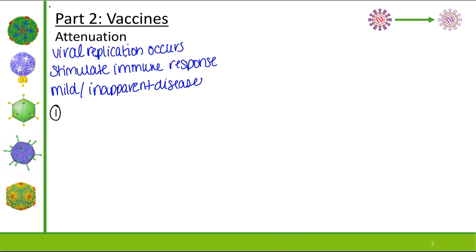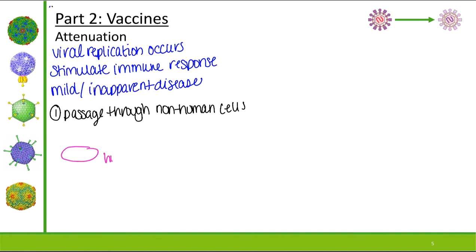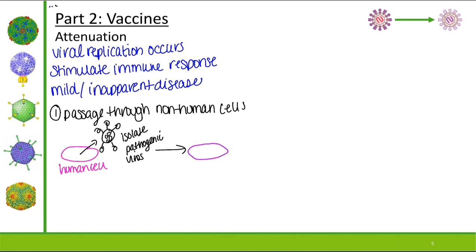So on this page, let's talk about passage through non-human cells. We're going to use a lot of colors here. Let's say this is our human cell. From this human cell, we isolate a pathogenic virus. Then we take that pathogenic virus, and using a non-human cell, we passage it through that non-human cell.